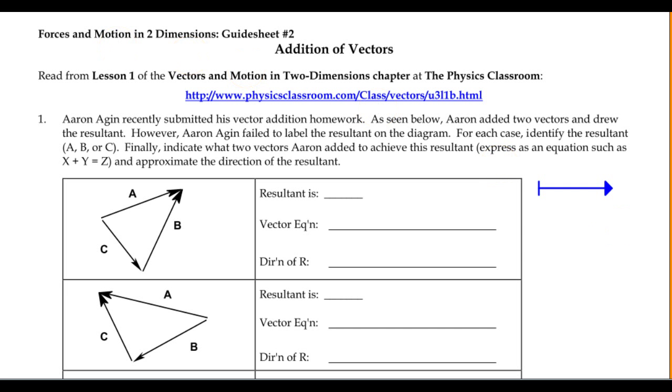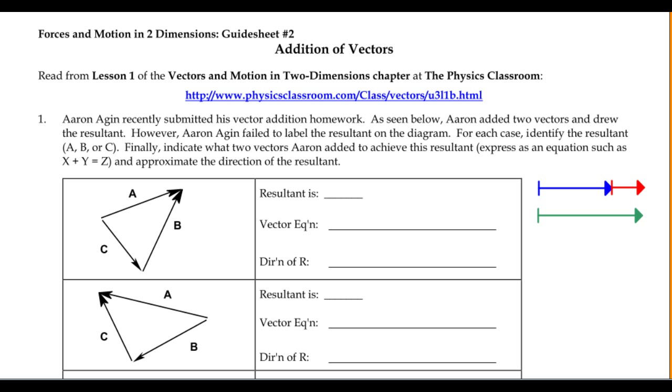Now that means if I had 2 vectors, they were both working along the same direction, same dimension. Now in this case, they are working together, so I would add them together, and their resultant overall vector would be the combination of the 2, which would be a vector from here to here. So we call that the resultant.